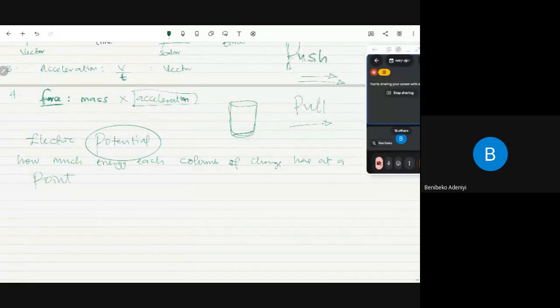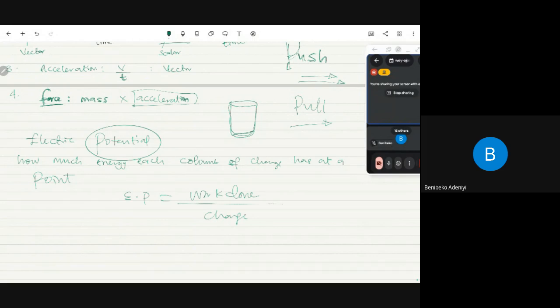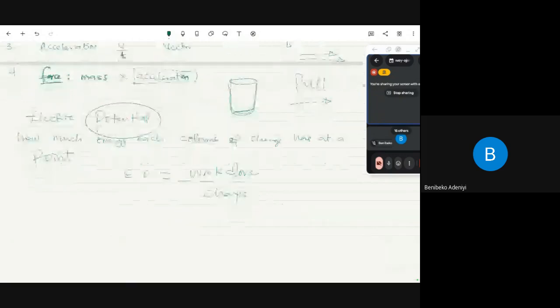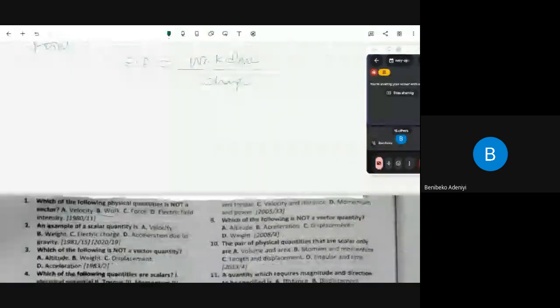Energy value. So when we say the formula of electric potential is work done over charge. Do you understand? So potential to me is what ability each coulomb of charge has at a particular point. It's not talking about direction. Do you understand? It is a scalar.